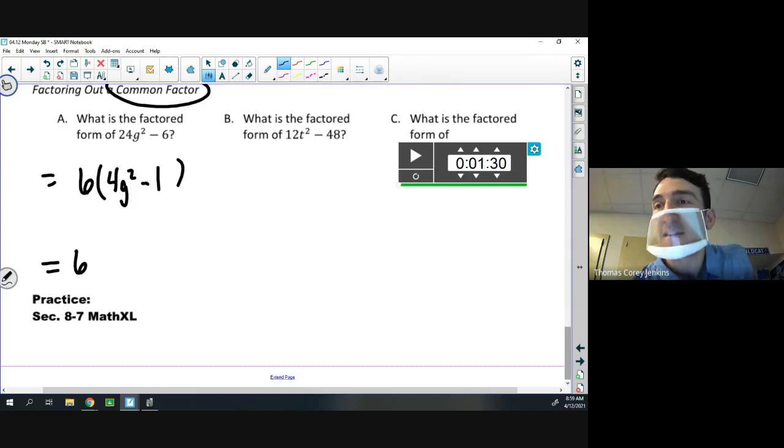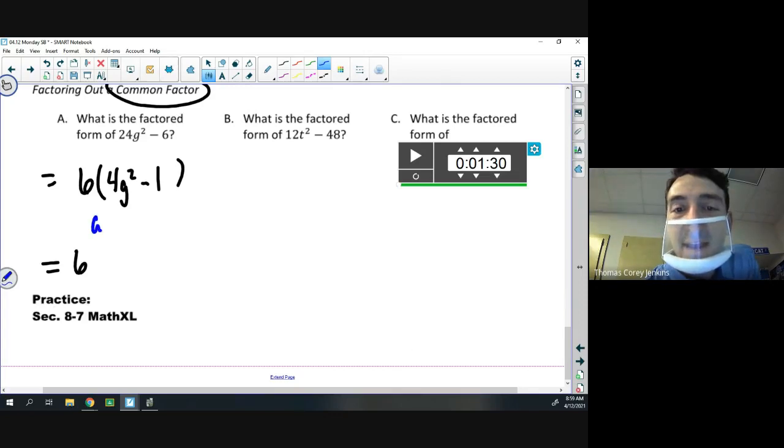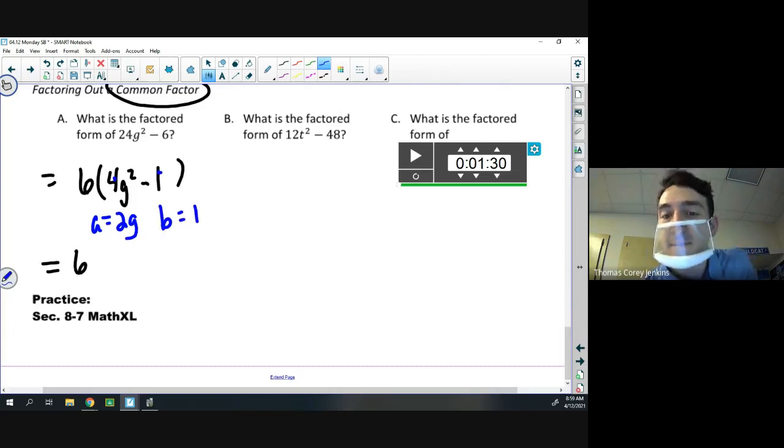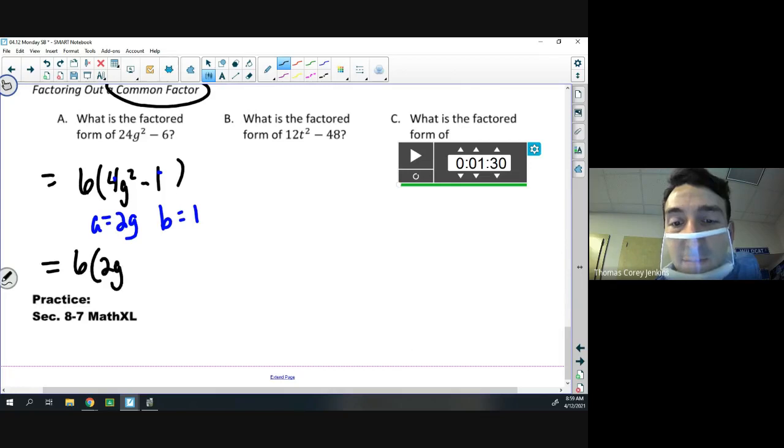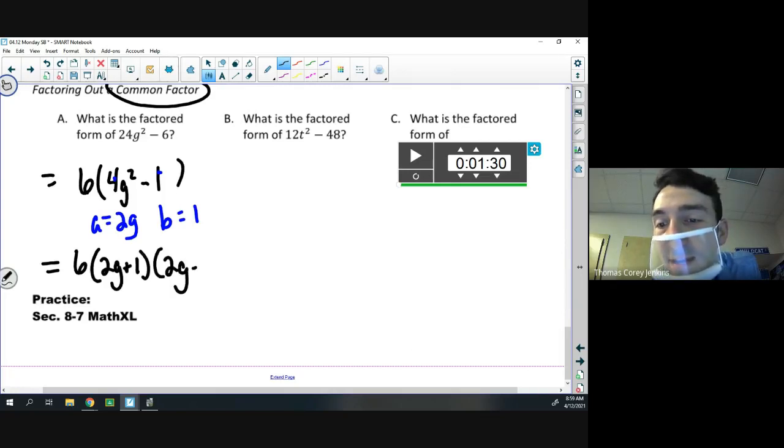So then it's just a matter of, we know it's (a plus b) times (a minus b). So we say a is the square root of this guy, so that's going to be 2g. And then b is the square root of this guy, so 1. Okay. So then my final answer is 6 times the quantity 2g plus 1 times 2g minus 1.